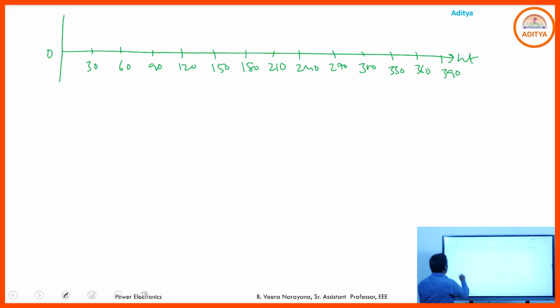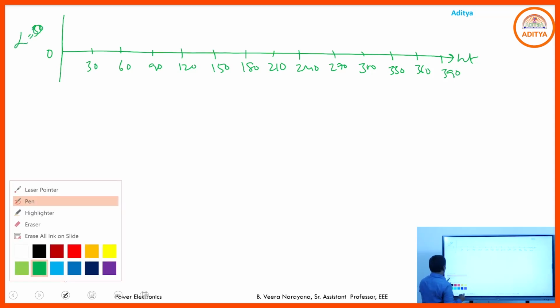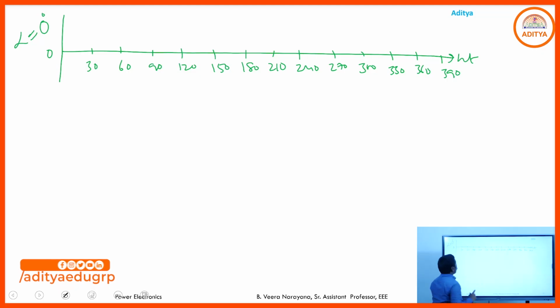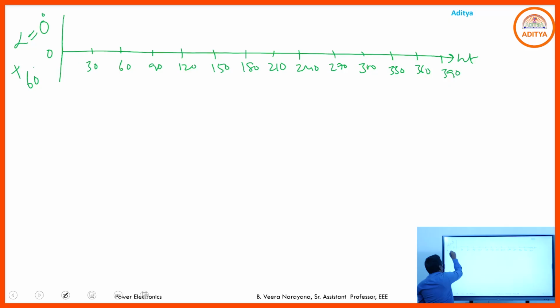So here I just want to draw the timing diagram for alpha equal to 0 degrees. Where does T1 come to the on state? Plus 60. So T1 is on at 60 degrees. I said the conduction period of each SCR is 120 degrees.